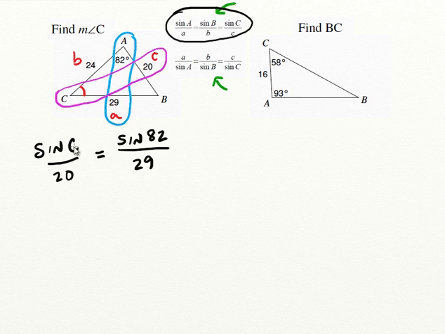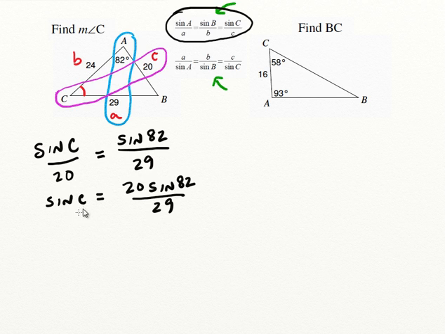Now, by writing the unknown value for the angle C up top, you can see that with one step, I can then move the 20 to the other side, and it'll move with multiplication to be 20 sine 82 over 29. And now I've got sine C isolated.